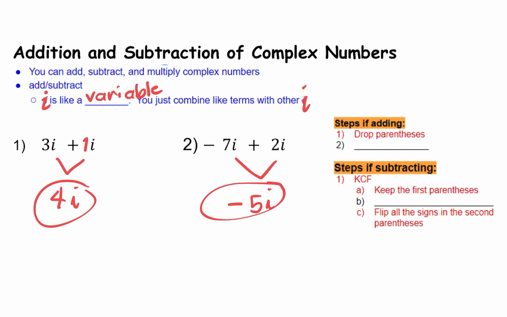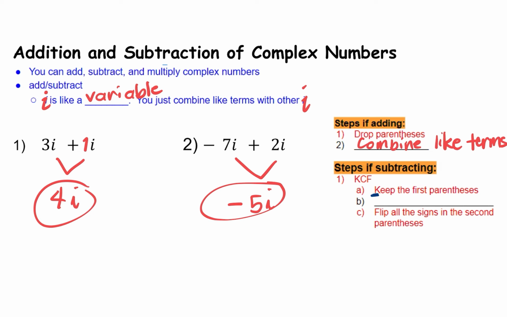So as what we have done so far, steps: if adding, if there is a parenthesis, we are going to drop the parentheses and then we combine like terms. Now, if we are subtracting, we are going to follow KCF. What is KCF? K stands for keep the first parentheses.